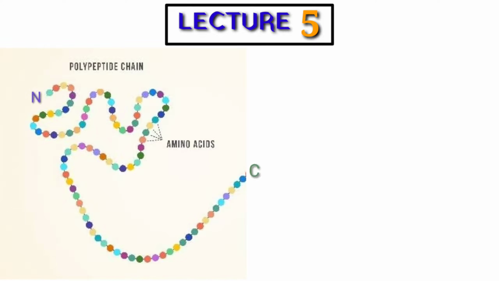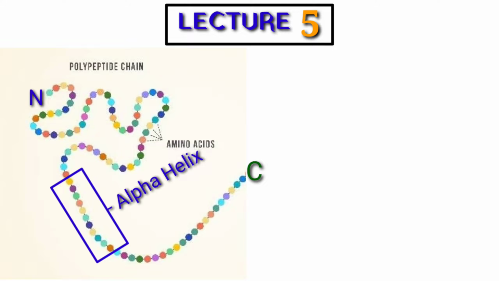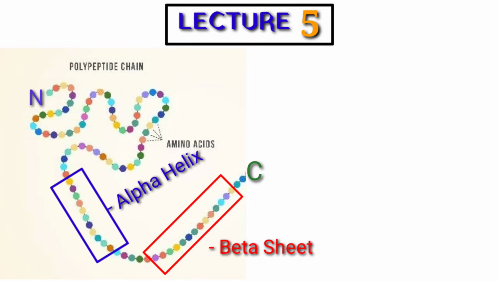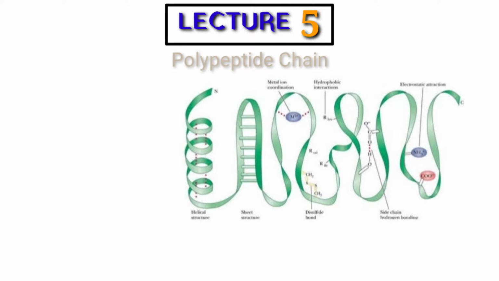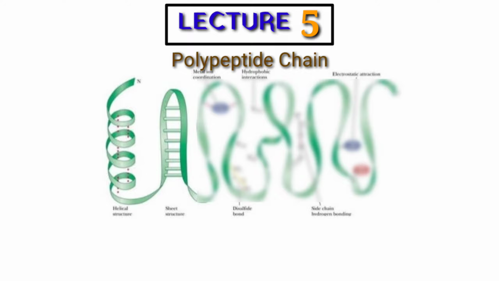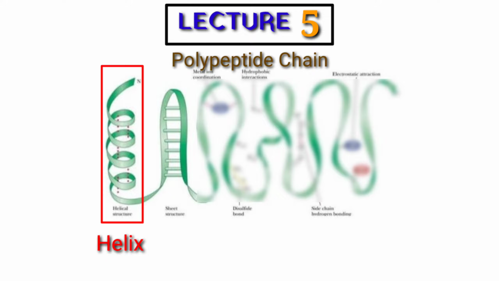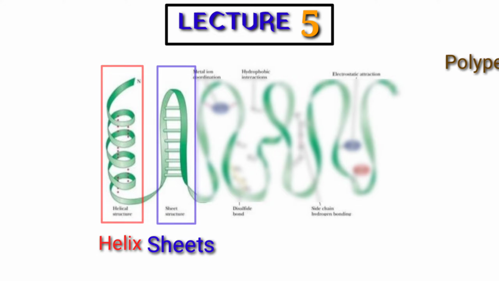So we have this polypeptide chain indicated in this figure. Some portion of this polypeptide chain will be in alpha helix form and some portion will be in beta sheet form. So a polypeptide chain may look like some portion is in alpha helix, some portion is in beta sheet.